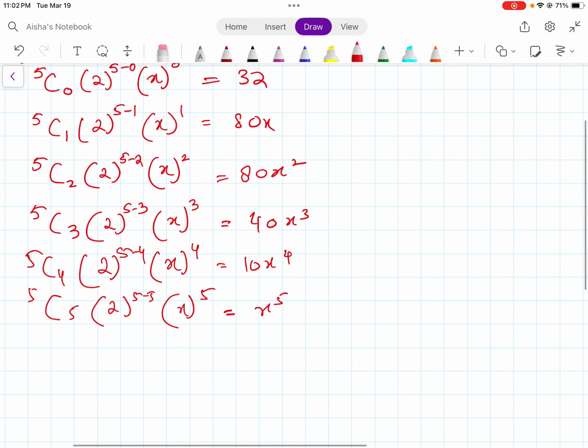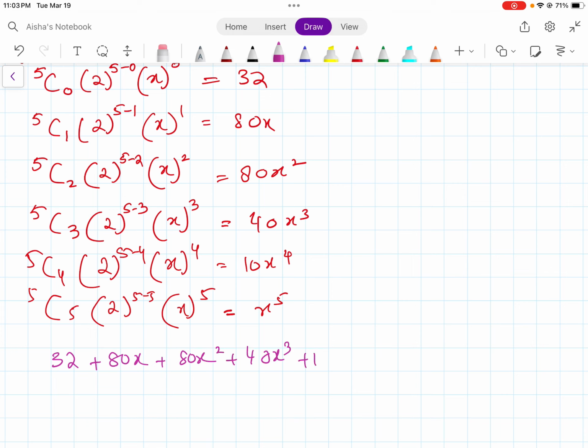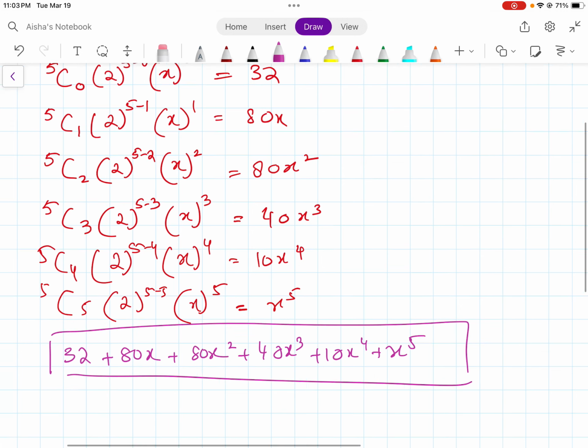How will you write it in the expansion form? 32 plus 80x plus 80x square plus 40x cube plus 10x power 4 plus x power 5. This is the entire expansion.